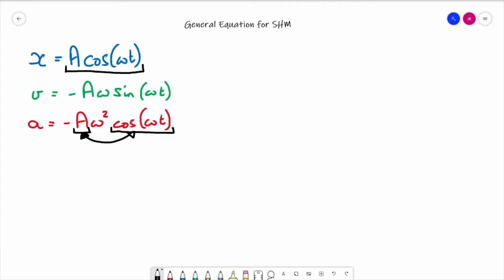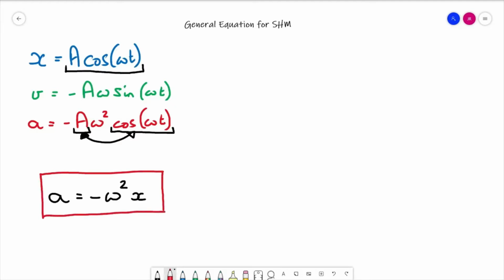And what we're therefore left with is a is equal to, well, we've got a minus, we've got an omega squared, and now we can put the x as displacement in there. Now what we've managed to do firstly is derive what's known as the general equation for SHM.